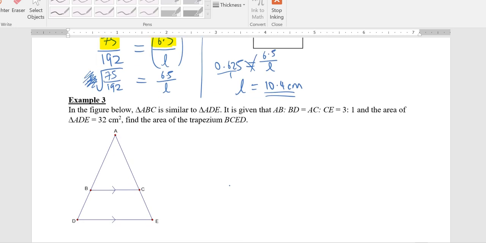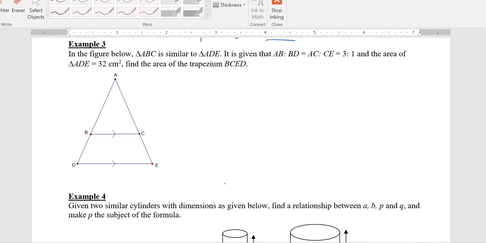Now let's look at example 3. In example 3, we are given that ABC is similar to the larger triangle ADE. Whenever they say that the figures are similar, one tip to see the shapes clearer is to redraw the shapes so that we can identify the similar figures more clearly.